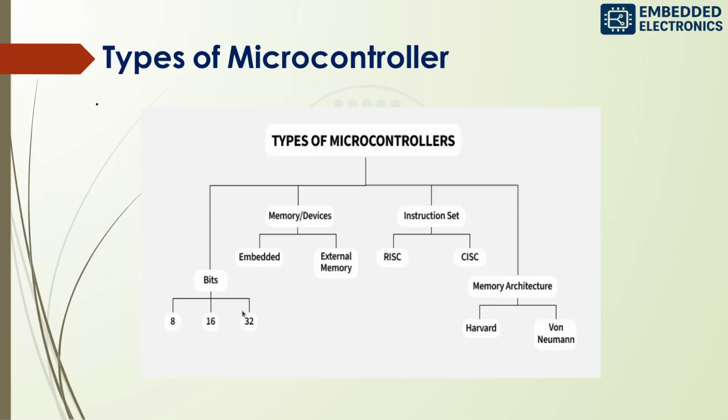Example microcontrollers are the Intel or Atmel 251 family. PIC3X is an example of a 32-bit microcontroller. And another type is Harvard and von Neumann architecture. It's based on the memory architecture. So let's discuss this later.